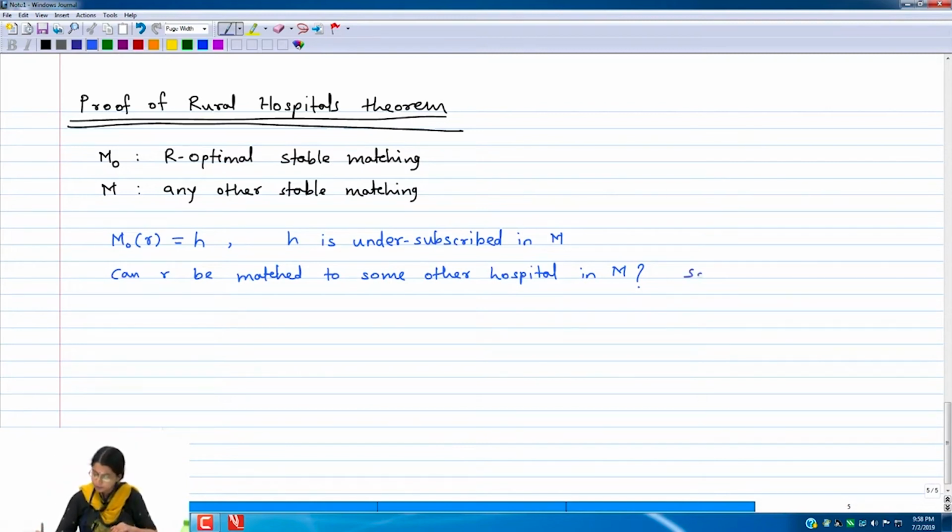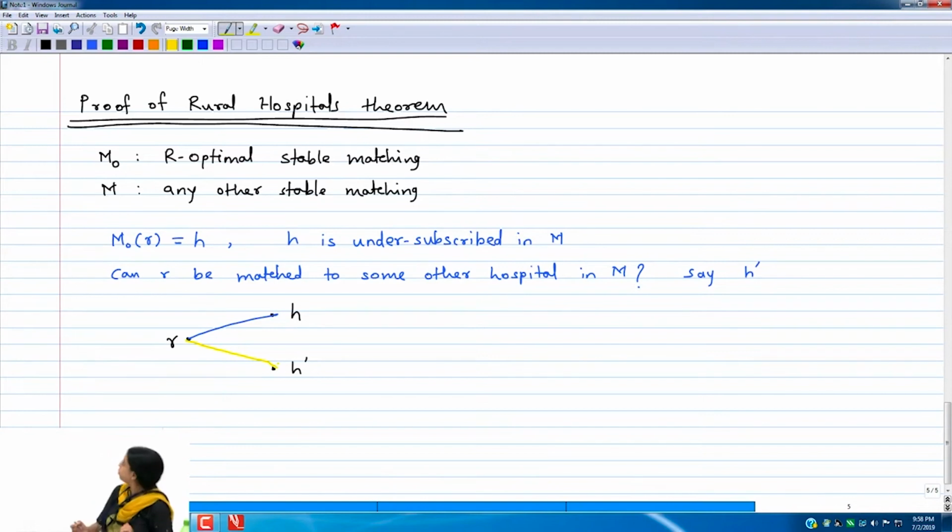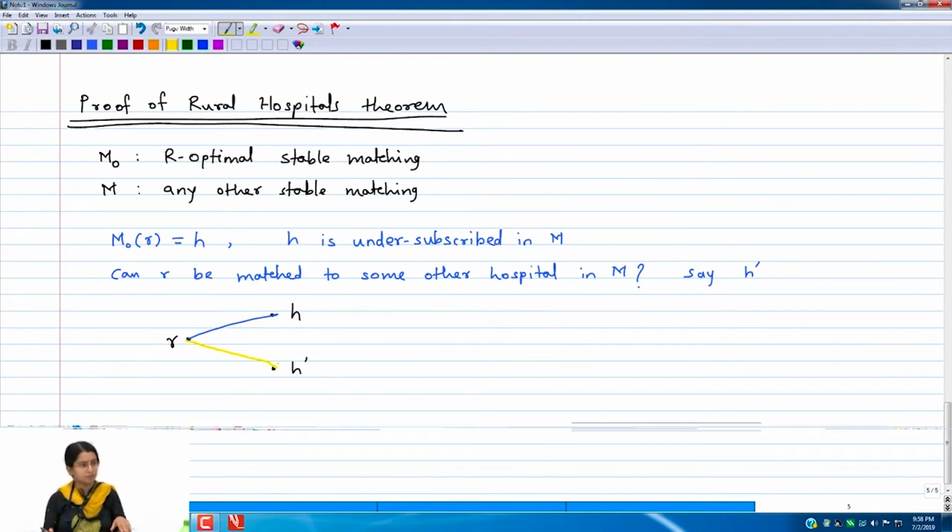So let's say, the picture is like this. There is R, there is H, there is H prime. R is matched to H in M naught, which is the blue matching, and R is matched to H prime in the yellow matching. So now what can we say about R's preference between H and H prime?